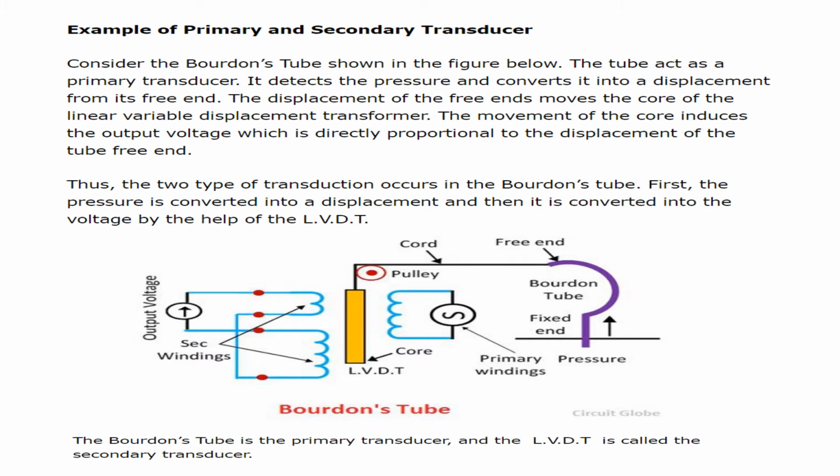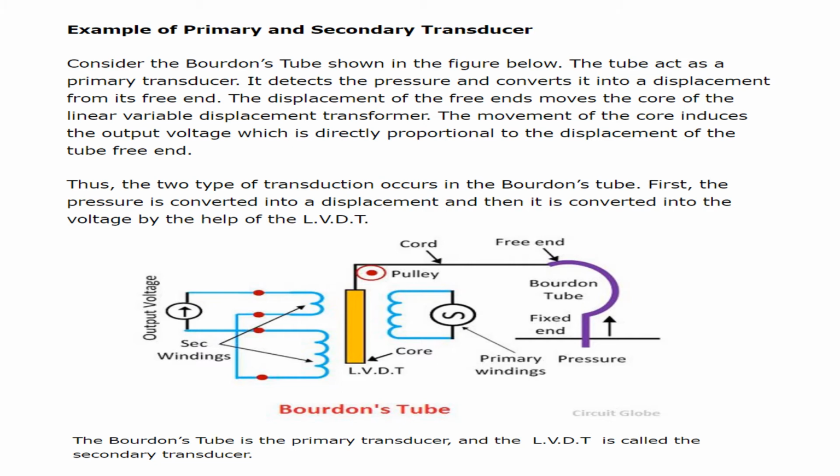The displacement of the free end moves the core of the linear variable differential transformer, known in short as LVDT. The movement of the core induces the output voltage, which is directly proportional to the displacement of the tube free end. Thus, two types of transduction occur in the Bourdon tube.